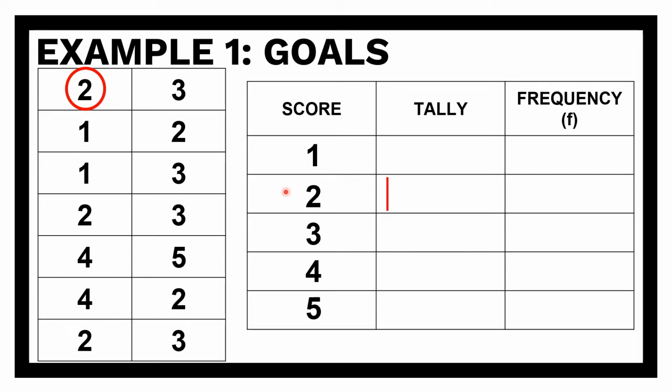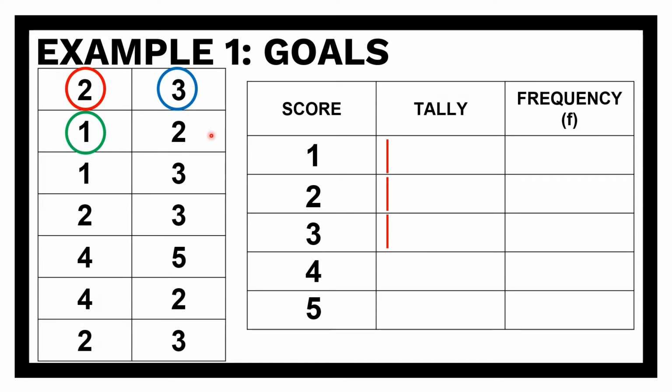I am going to write a straight line there. And then the second score is 3. So I am going to put a tally mark here. 3. And then we also have 1. So where am I going to put the tally mark? Okay, very good. I'll put it here.